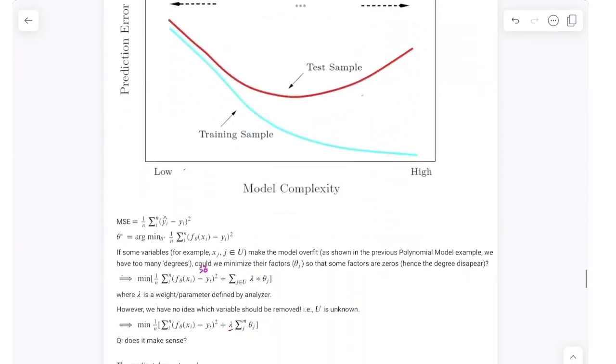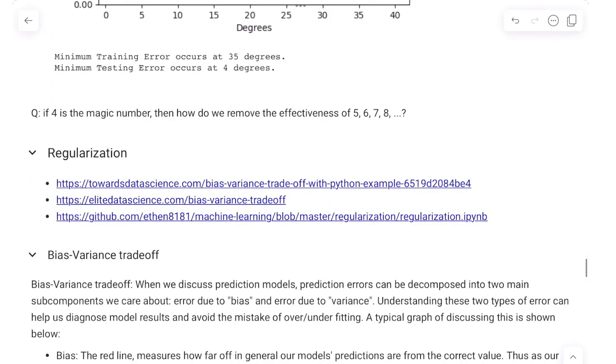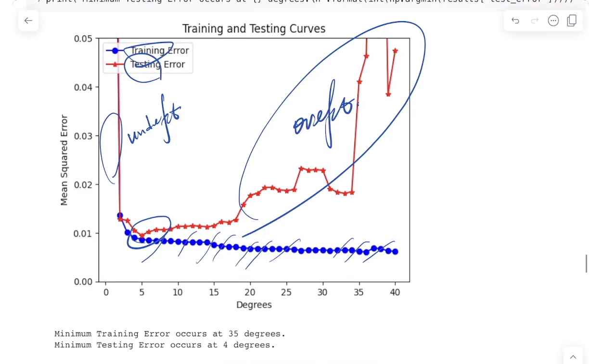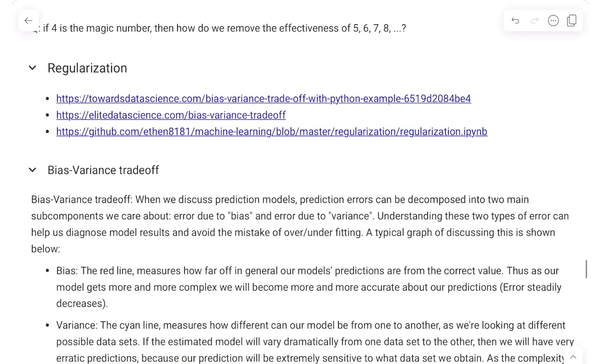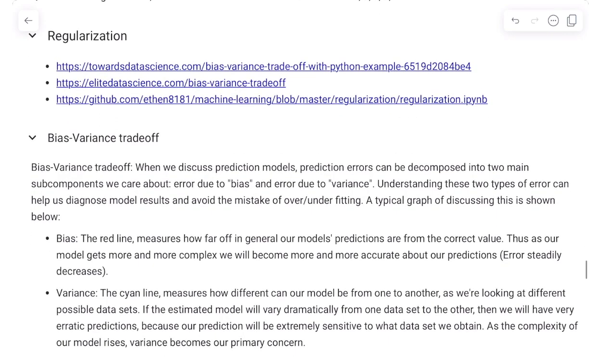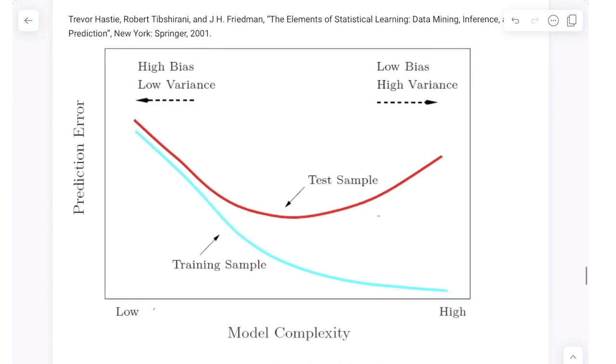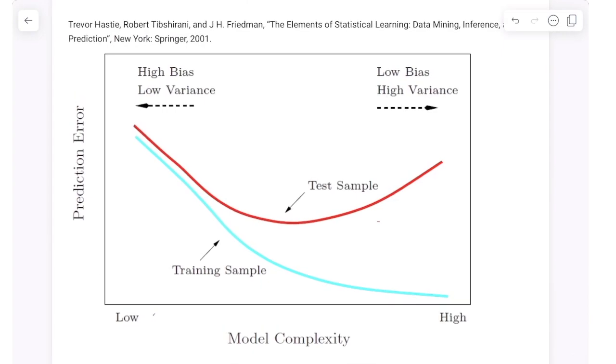In order to fix this problem of underfit and overfit, we have another strategy called regularization. We will show you how to perform regularization by using Orange, but I'd like to show you some theory right here. Again, the blue line is the training sample.